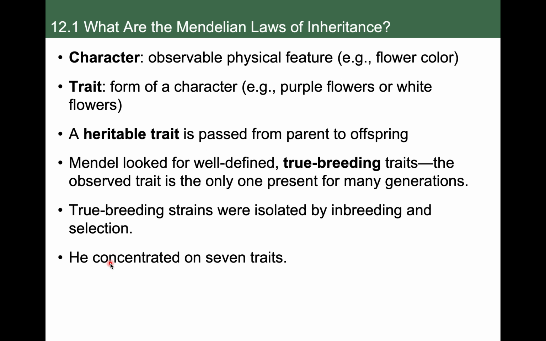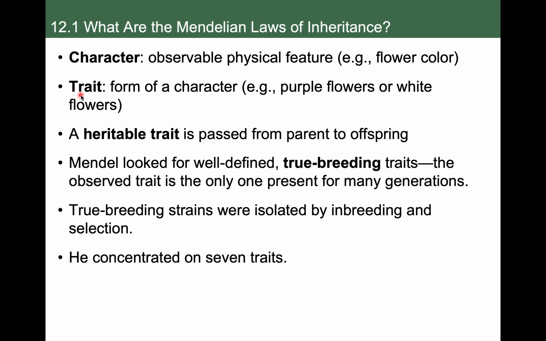And I'll show you kind of the list of what he looked at here in a minute. But just a few terms to clarify that your book uses. So they'll talk about character, which is the actual physical feature. So for example, flower color would be a character. And then that term trait is really referring to the specific form of that character.